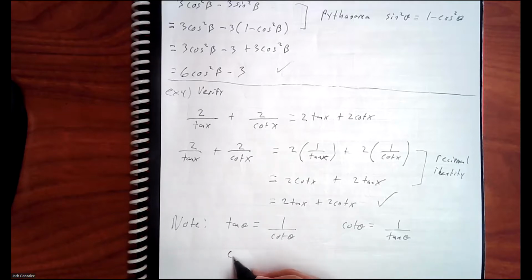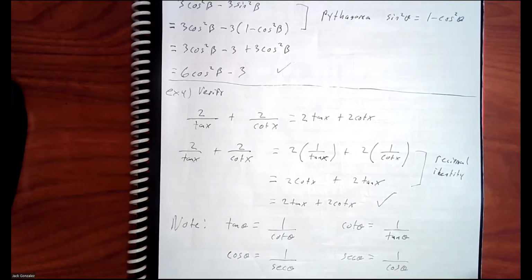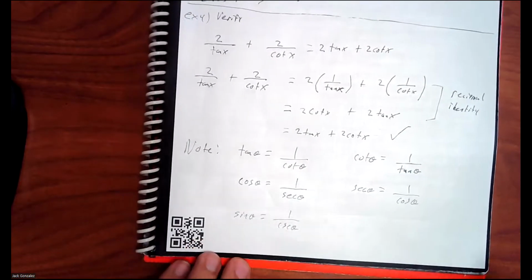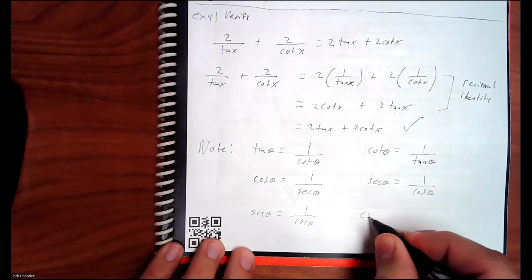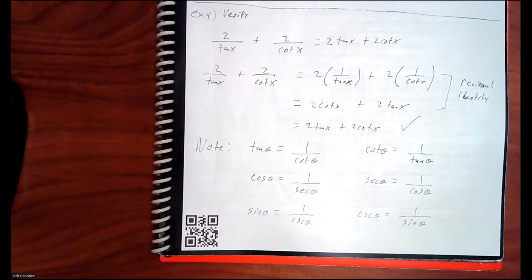Yeah, because cosine is equal to 1 over secant, right? So secant is equal to 1 over cosine. Sine would be equal to 1 over cosecant. Cosecant is 1 over sine. So yeah, that's technically true. I believe it might be in the notes we did last time.